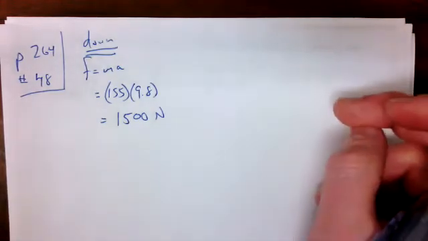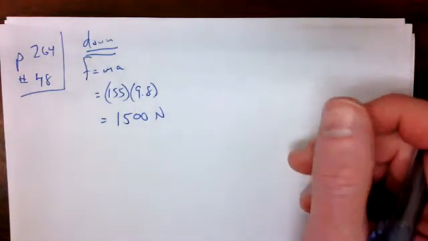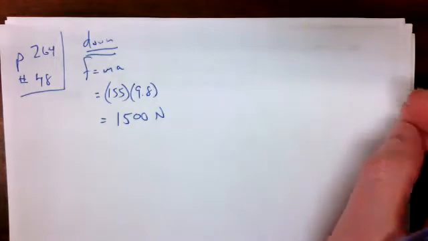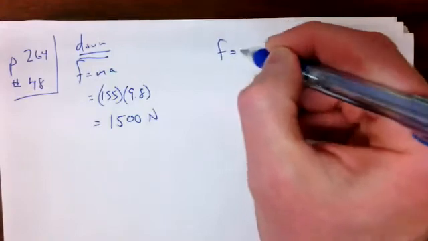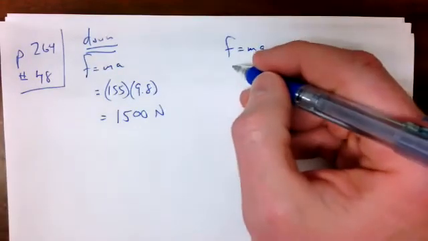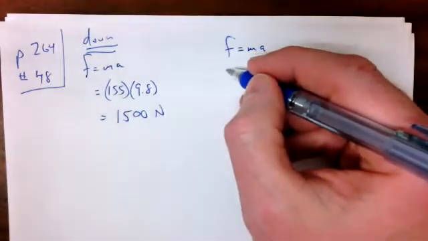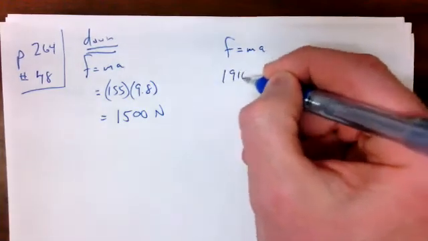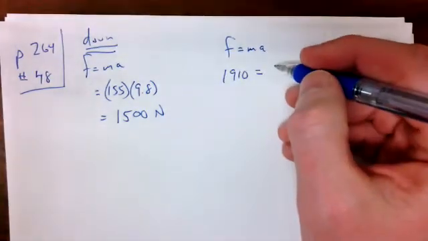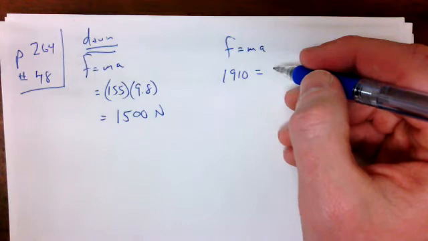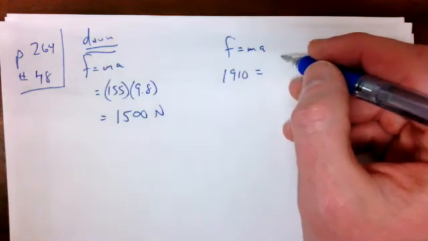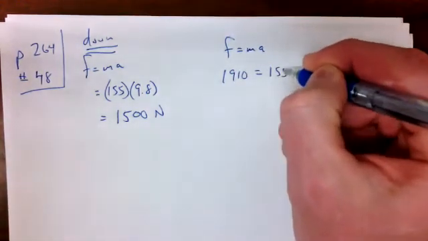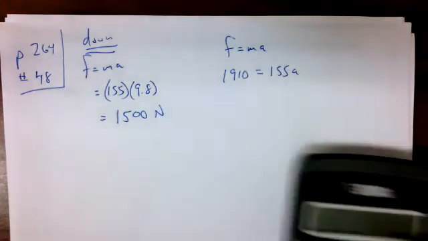Going up, it's a bit trickier. It tells us that the weightlifter uses 1910 newtons of force. So F equals ma. The force the weightlifter applies is 1910, and the mass is 155 times the acceleration.